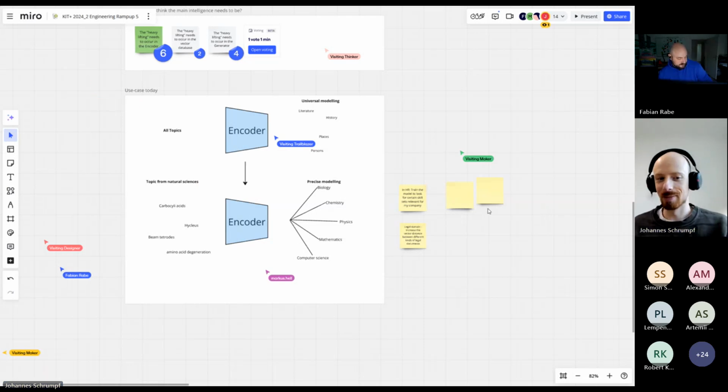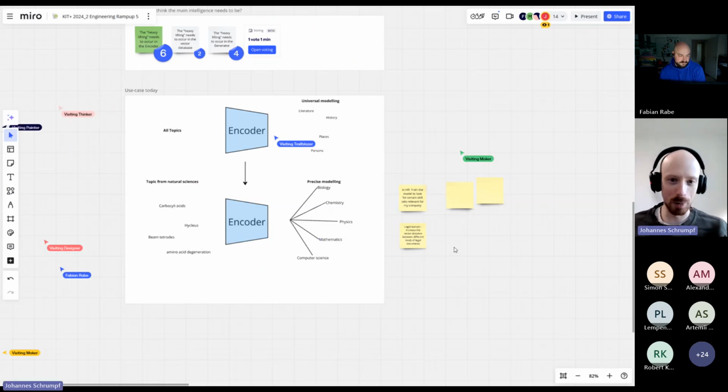Cool. This would be it for the first chapter. This is the introduction chapter, and we would now go over to chapter 2, which is a deep dive into large language models, or like how BERT works, what we do, how we train it, and how we continue with this.